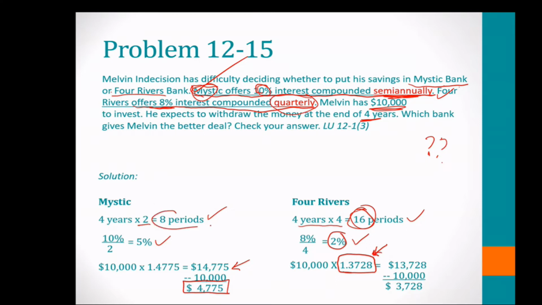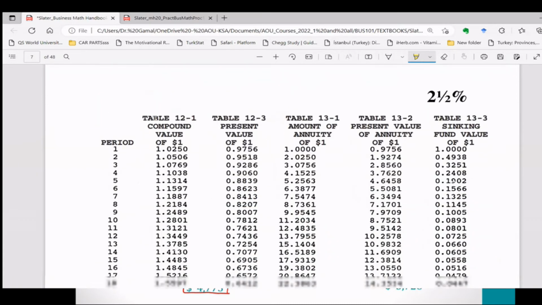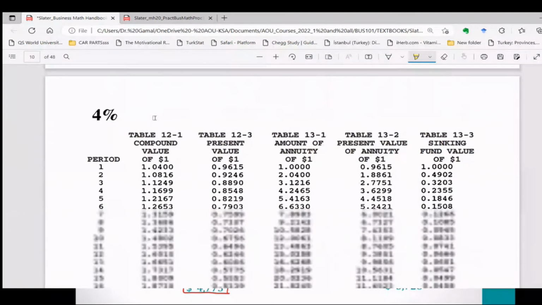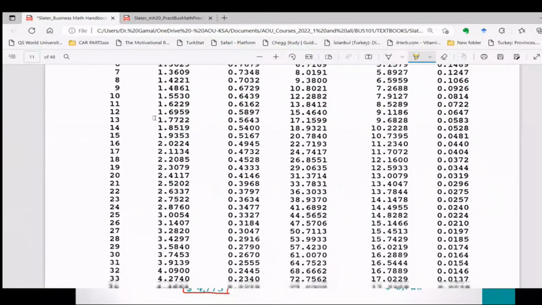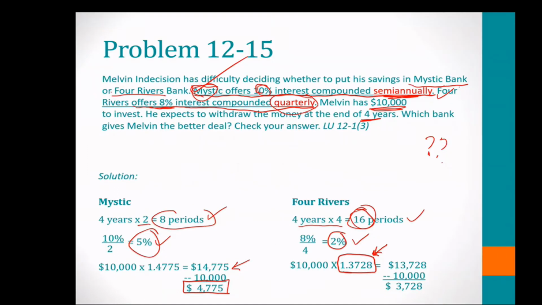What about this one? 8 periods at 5%. What is the table factor? Let's go to the page of 5%. This is 2%, 2.5, this is 3%, 3.5, 4%, 4.5, this is 5%. 5%, 8 periods.